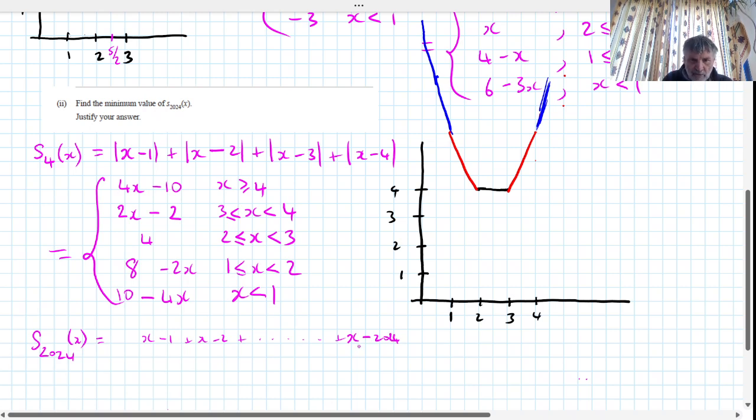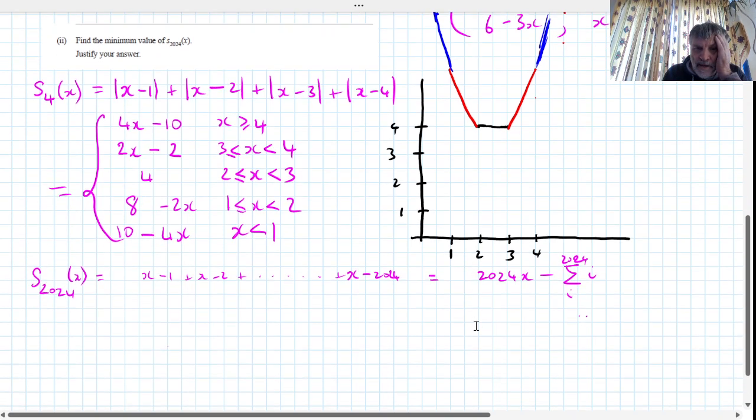Each of these terms are going to be positive, so that's going to in turn be 2024 times x, and then minus some sum of i over i up to 2024. So the sum of the first i numbers.